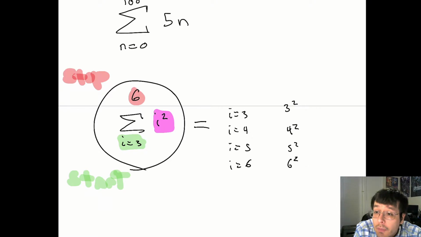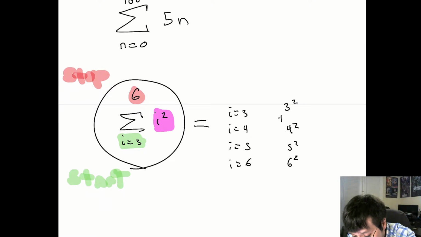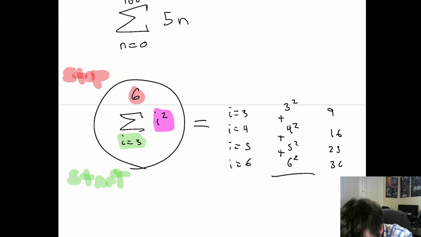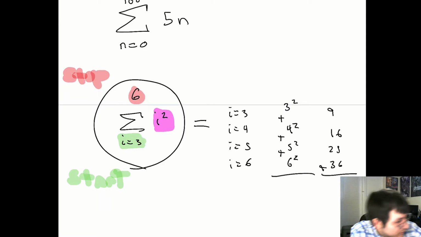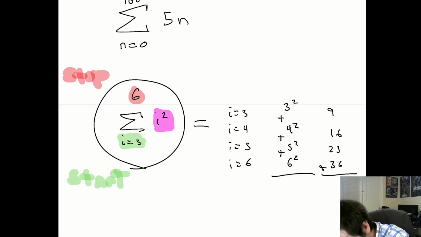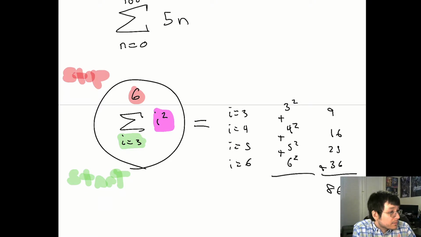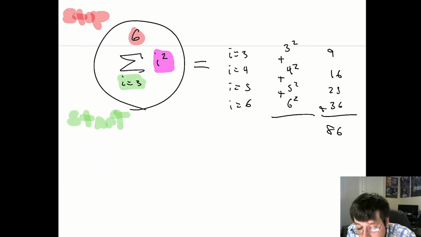And because this is a summation, you're going to add all the terms together. So that's going to be 9, 16, 25, and 36. And I think they have the answer to that addition there. Yeah, 86. Again, this is from Wikipedia for the summation symbol, right? And so the answer to this is 86.